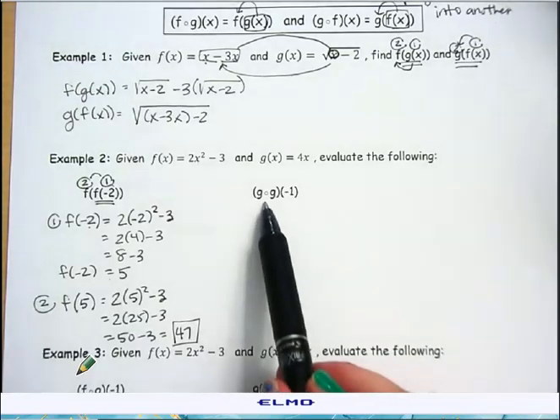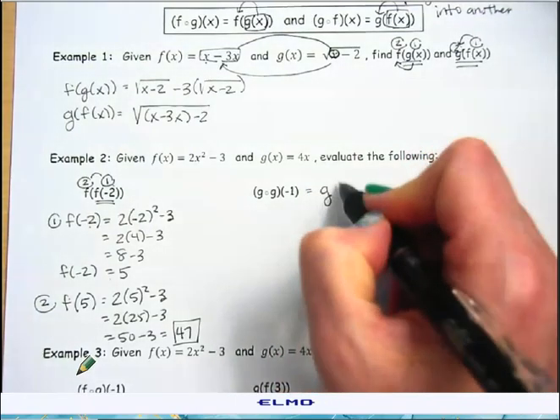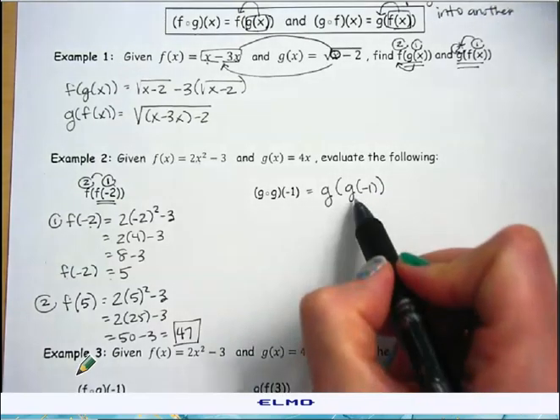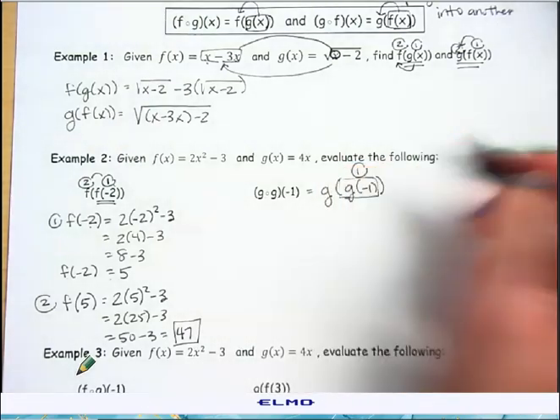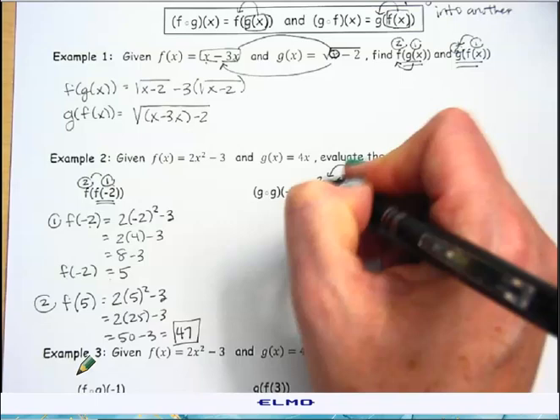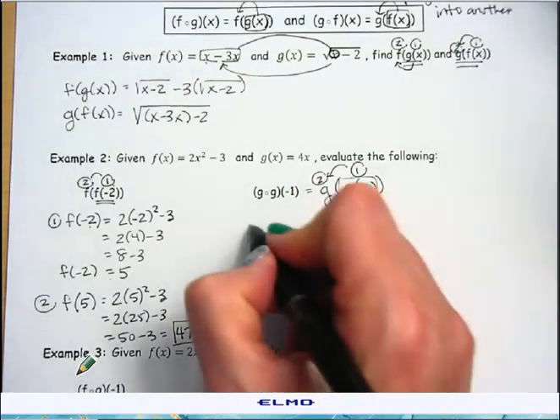Over here, the notation is different. It's the open circle, but this is just another way of writing this, g of g of -1. So we're going to start with the innermost notation and find this first, g of -1. And then once I get that, I'll plug it into g again, because that's the outermost function.